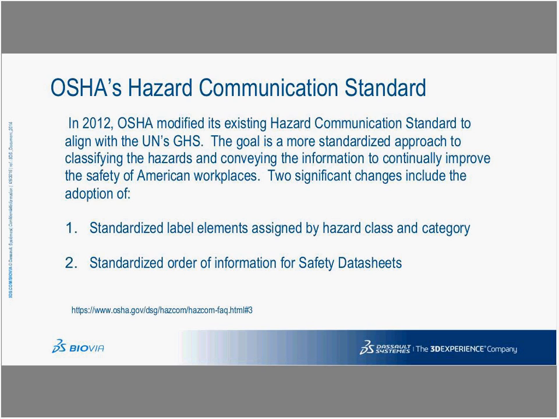The goal, as already mentioned, is to have a comprehensive and stable approach to the classification of hazards and how to convey information, with a primary goal here in the U.S. of having the safest working environment possible. So there are two things: the standardization of label elements by hazard class and category, as well as the standardized order of information in the safety data sheet.